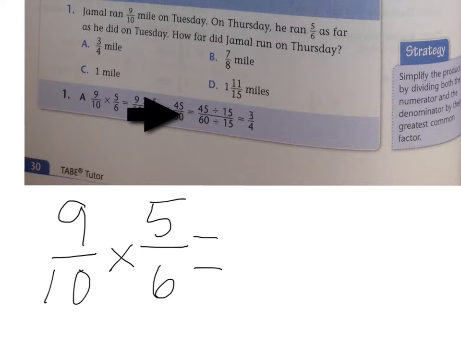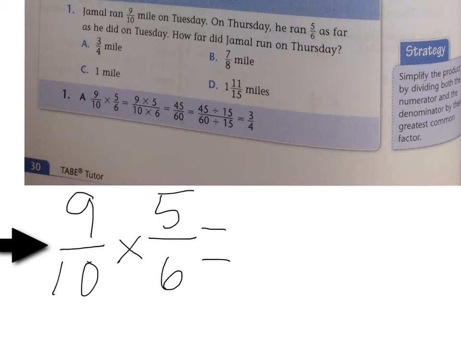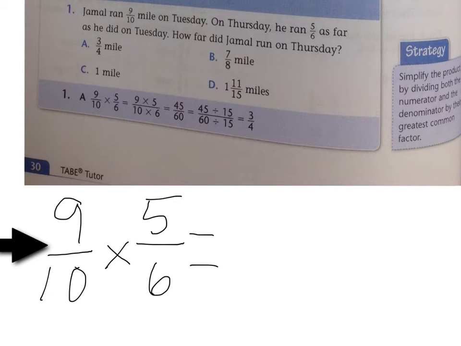Now another way we can do this is we can easily simplify. We can simplify because we know that 6 and 9 will both divide by 3. So let's go here. Cross these out.